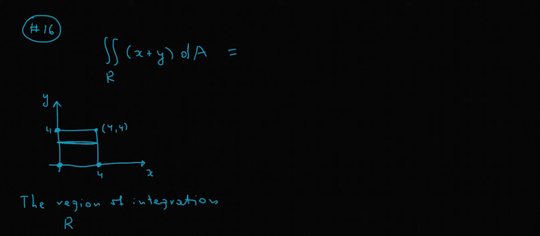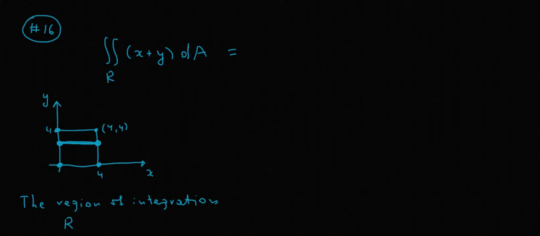Now we're only interested in points that are inside the region of integration, and the points inside the region of integration having a fixed y coordinate will be located on this horizontal line segment, which we call a horizontal cross section of the region of integration.